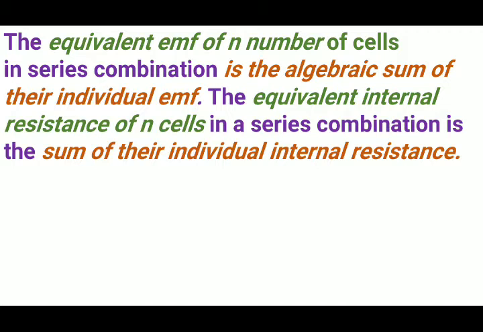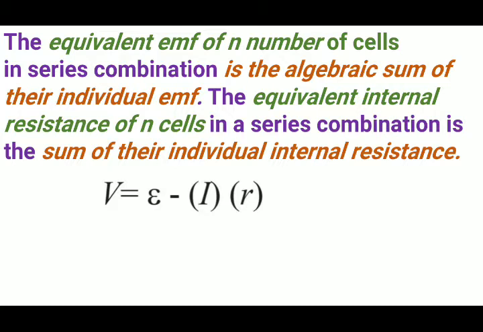If we consider that the EMF is E and the internal resistance of the cell is small r, then when these are all connected in series, as we have done in part 2, the potential difference is EMF minus IR.